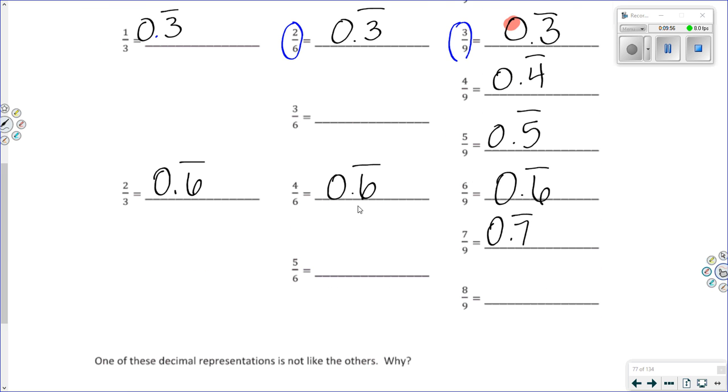Is it 8/9? 0.8 repeating, yep. I got something wrong. Okay, so what I need you guys to do is if any of these are wrong, I need you to go back to your scratch paper and fix it and correct it, okay? So let's take a couple minutes here to go back. Don't just write in the answer, fix your work. Your work is what I'm going to be looking at.